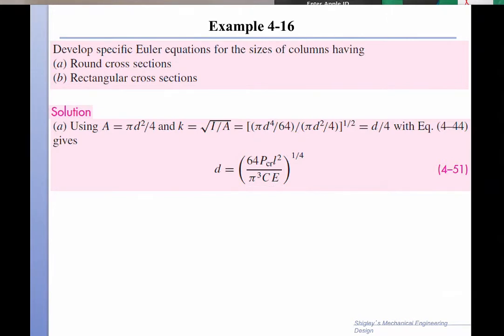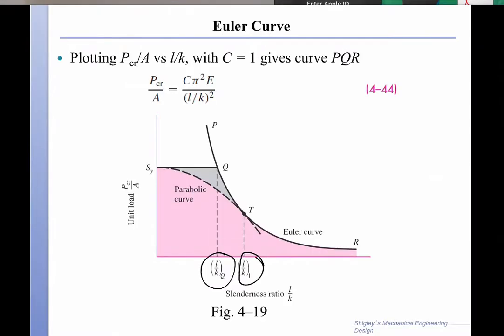Now before we go to the actual cross-section situation where we have a rectangular cross-section, let me go back to review this. The Euler curve is here, so we have sigma critical equal to C times E times pi squared over L over K squared.